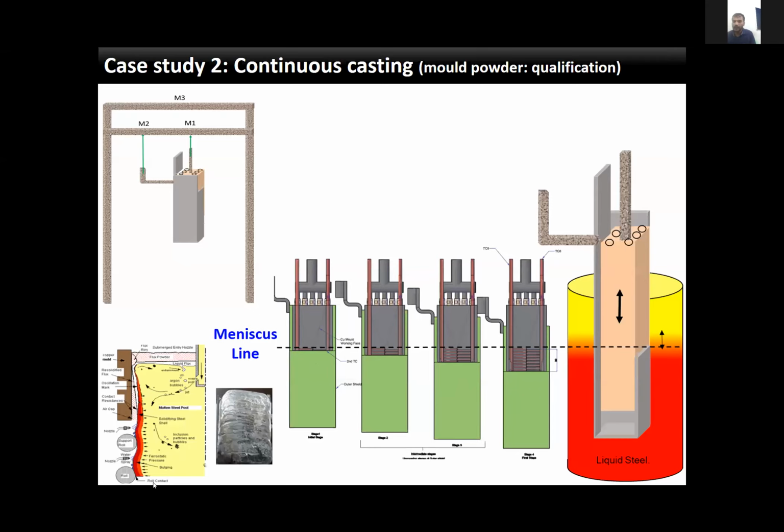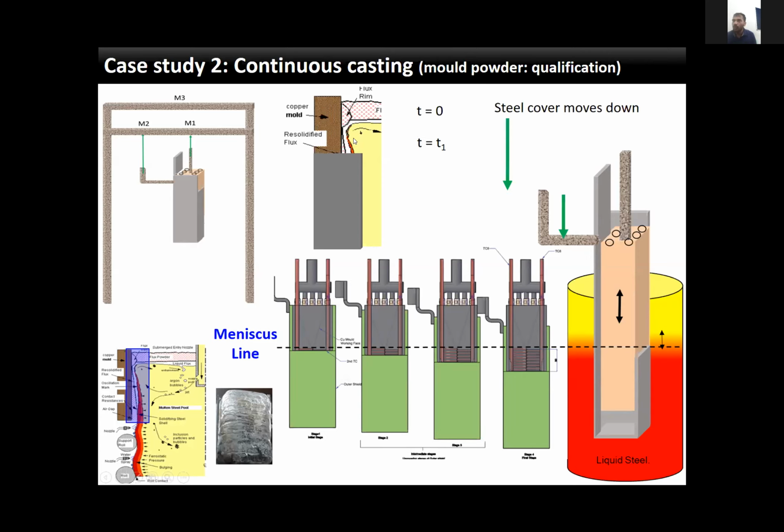How is it happening? You can see just this part of my slide. I am just exaggerating here, and I am just telling you. At time t equal to 0, the steel shell is here, and the initial solidification will take place. And remember, the copper mold is in oscillation. The copper mold is now in oscillation, and now the initial shell will form. And when I give the automation command, the steel shell will go down.